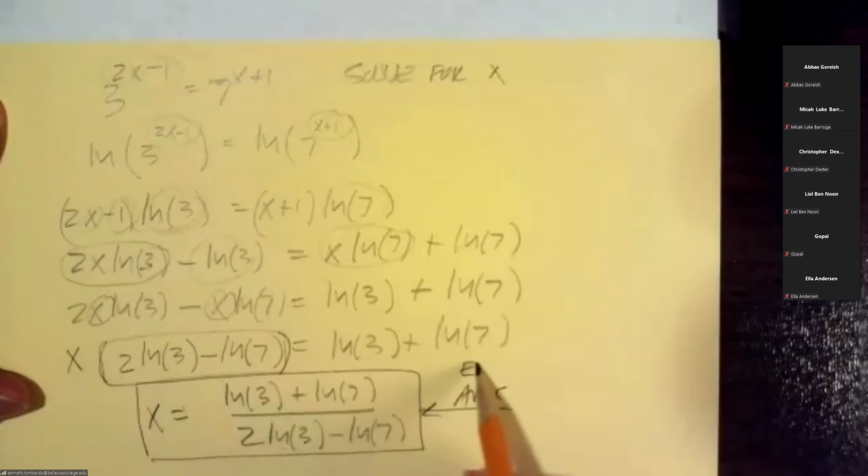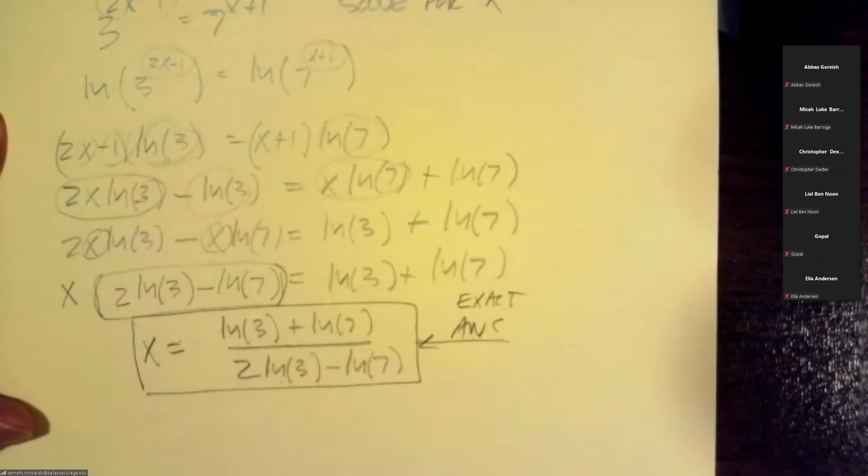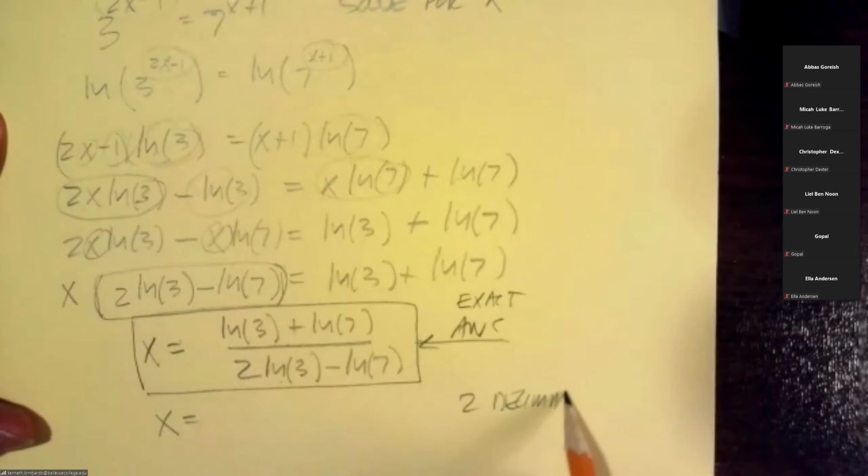And by the way, that's the exact answer. And then if I were to put this into my calculator to come up with the decimal, to two decimals, can you guys give me that? What would that look like to two decimals?